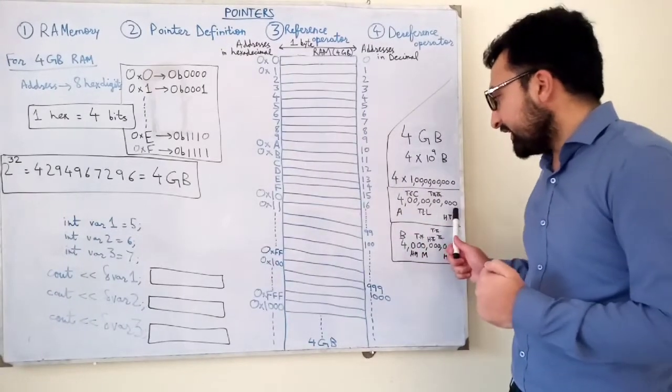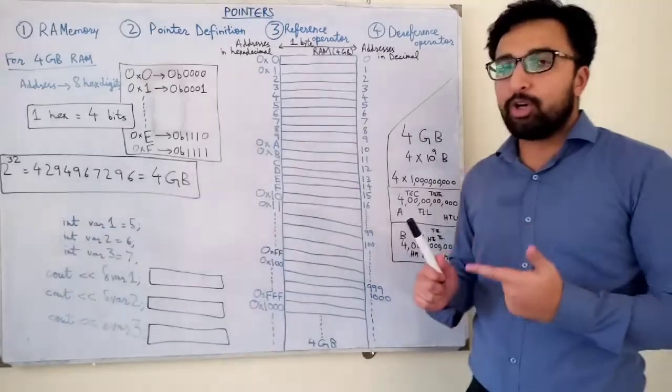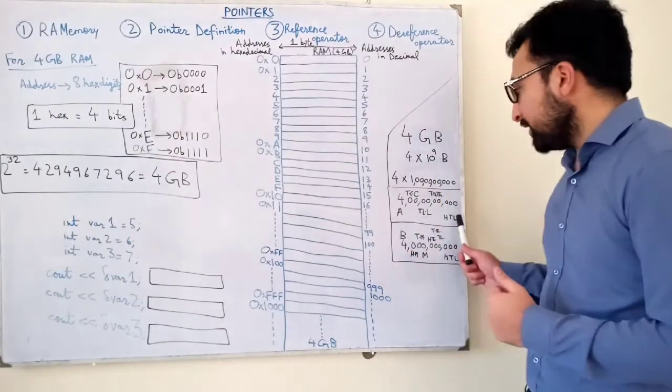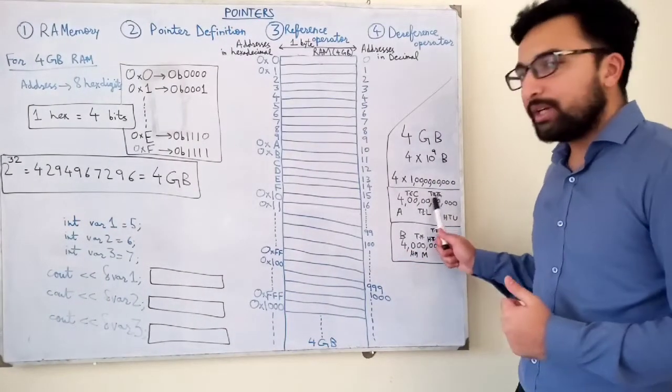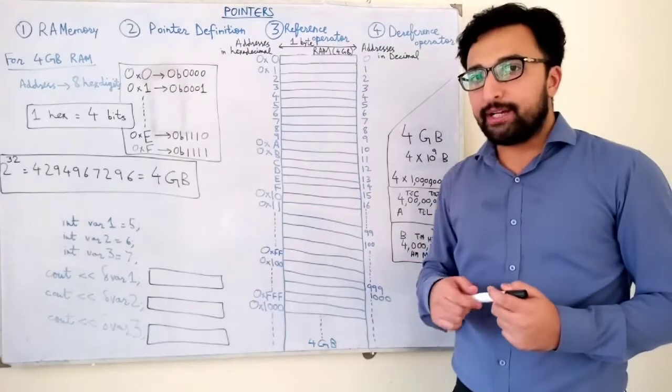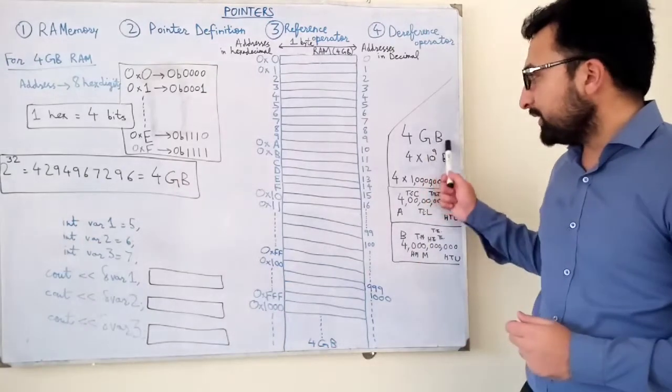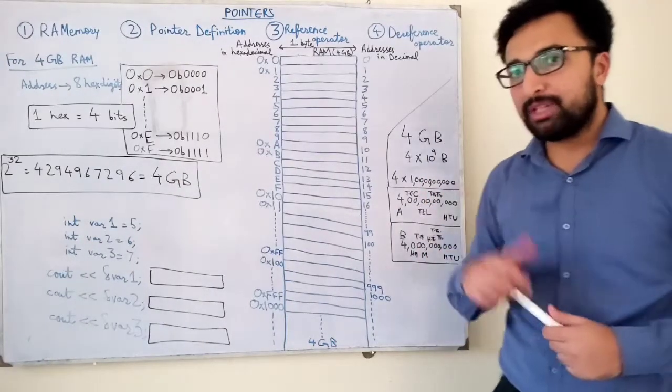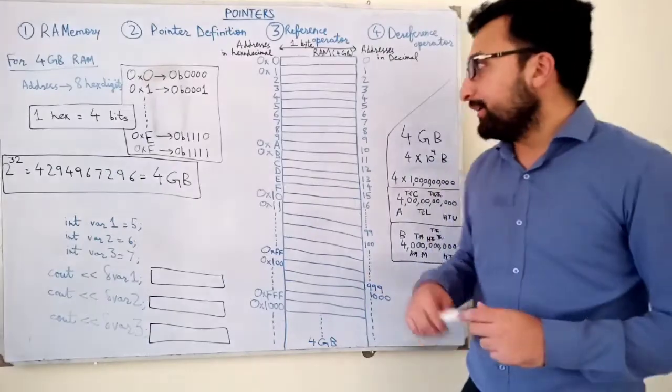In the Pakistani number system, it goes unit, 10, 100, 1000, 10,000, lakh, 10 lakh, crore, 10 crore, Arab. So 4 GB becomes roughly 4 Arab bytes.